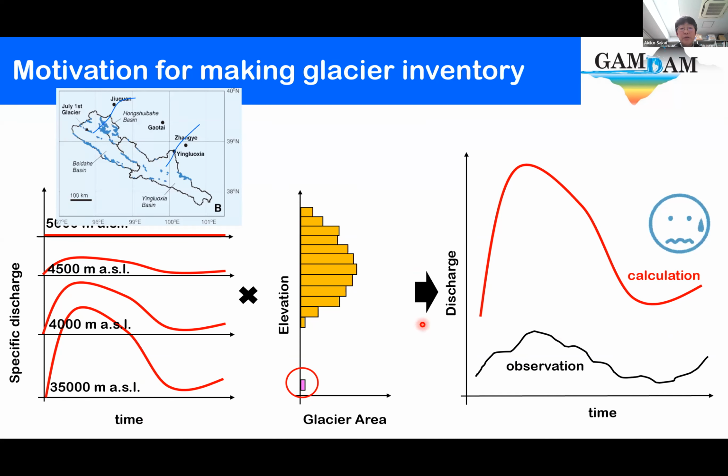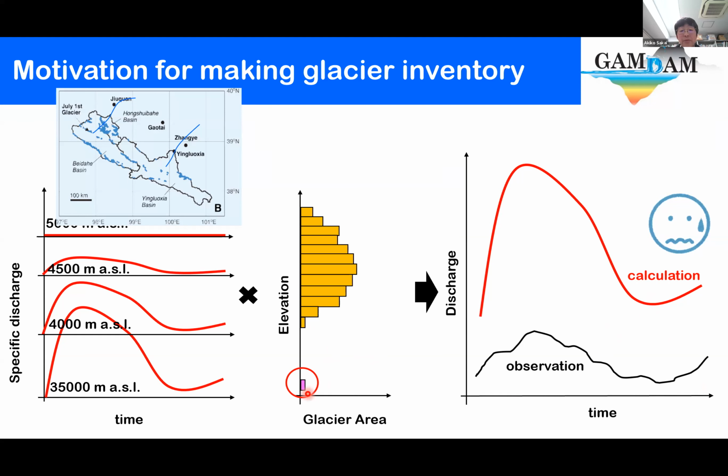When I saw my result, I was surprised that the calculated total discharge was much larger than the observed data. At first, I did not know why it was so large, but looking closely at the calculation process, I found there was a glacier at a very low altitude. In the simulation, a large amount of meltwater came out from this part because of higher temperature.